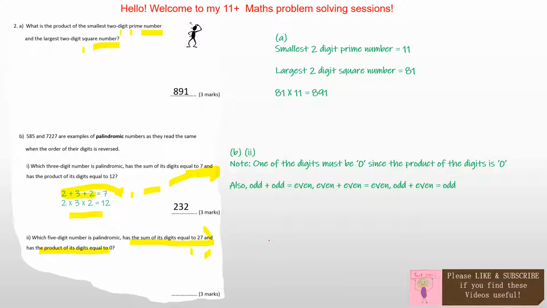So you have to think about odd and even numbers: if you add 2 odd numbers you get even, and if you add 2 even numbers you also get even. Only if you add an odd and an even you get odd, but in this case it might be hard to add an odd and an even number because it's a palindromic number, meaning the digits are the same. So if you have picked up an even number, you again have to pick an even number. There's no way you can pick an odd number. So that is a trick.